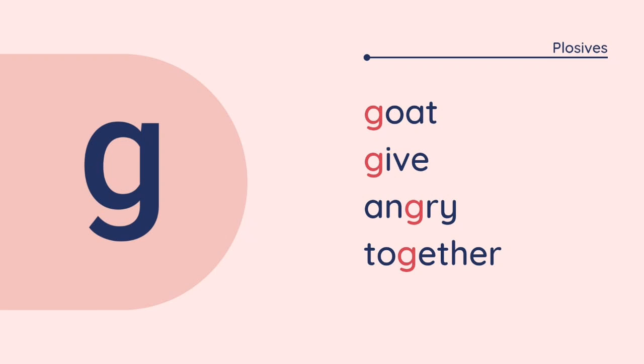And we have consonant sound g, as in gold, give, angry, together. Please, you have to pronounce the words along with me as I pronounce them.